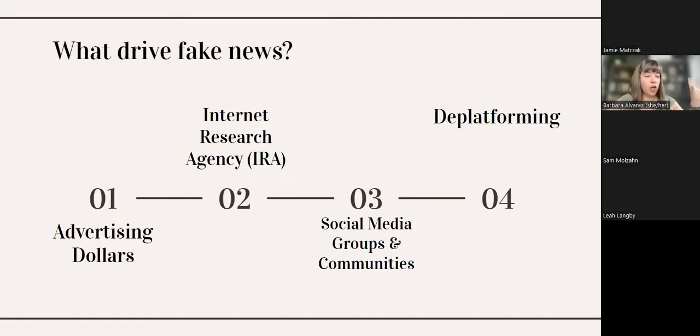This isn't targeting any single group particularly, it's everybody. And so the people at the IRA are tasked with creating profiles and creating content that align with the most extremist views, and then putting that out on social media where people like you and me see it all the time.